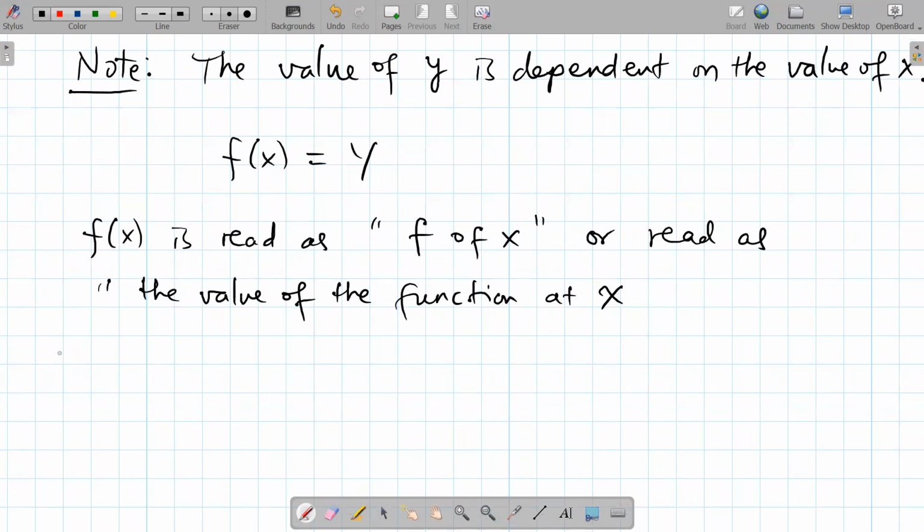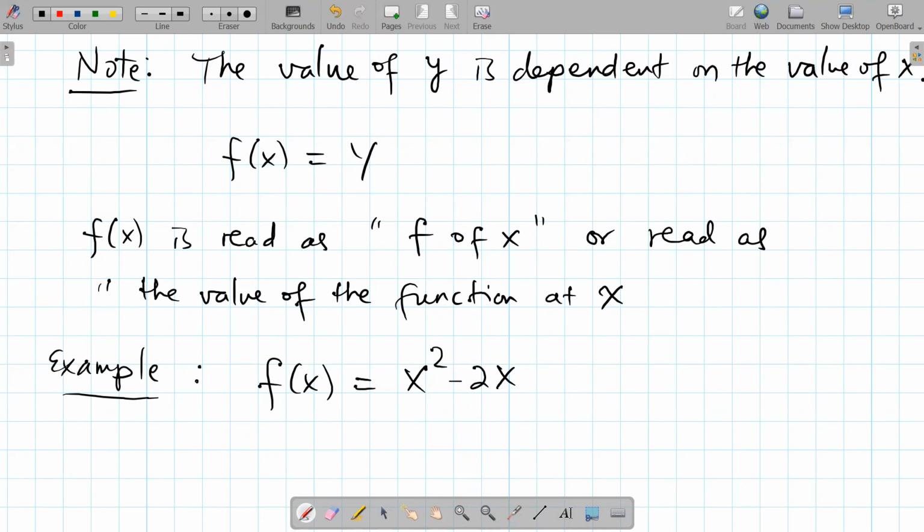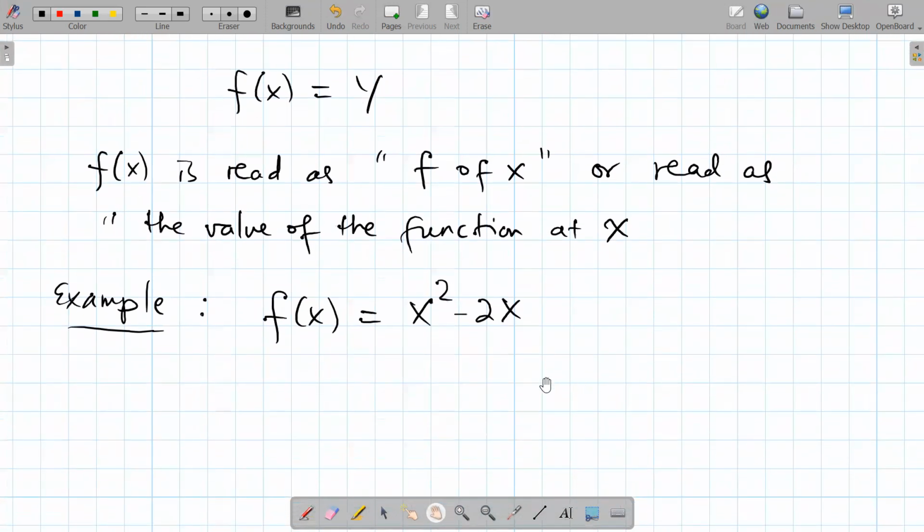A very typical example is f of x equal, let's say, 2x squared minus 2x. Now, when you see this, this is what we call a function notation.